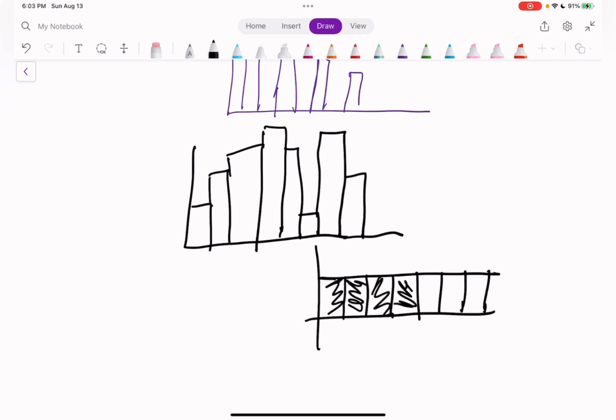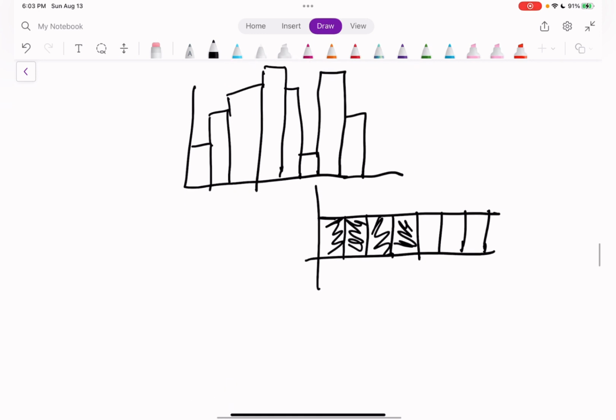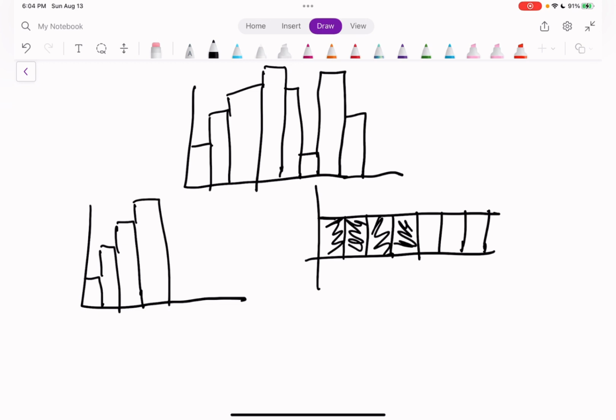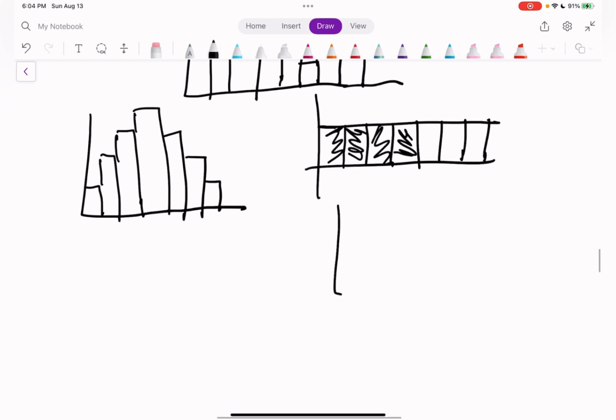And so on. So this is uniform. Then symmetric. Symmetric, we already know what it is. It goes symmetric. Okay. So this is approximately symmetric. Skewed to the left.